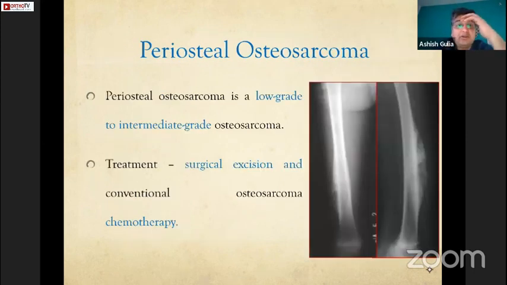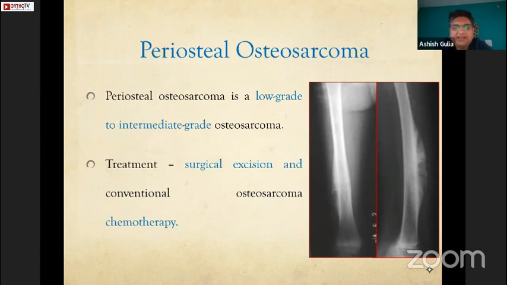Periosteal osteosarcoma is an intermediate grade osteosarcoma, which is somewhere between parosteal and conventional high grade osteosarcoma. The role of chemotherapy in these patients is not very well defined. The whole globe is divided into two big groups.